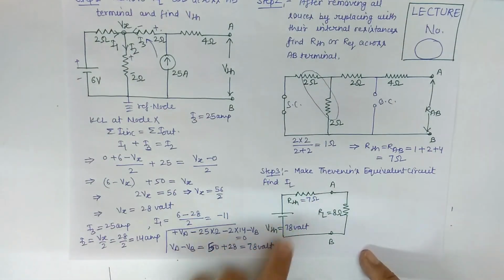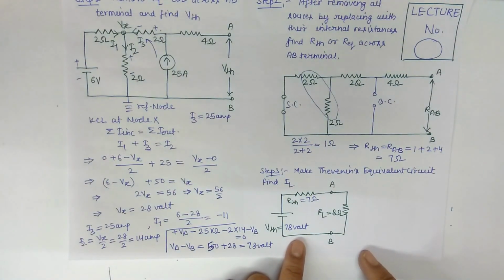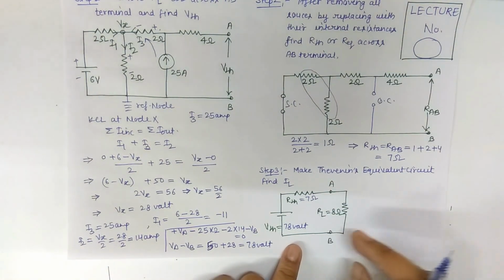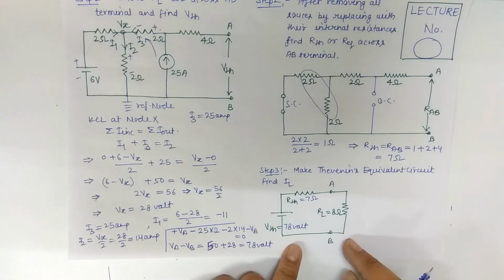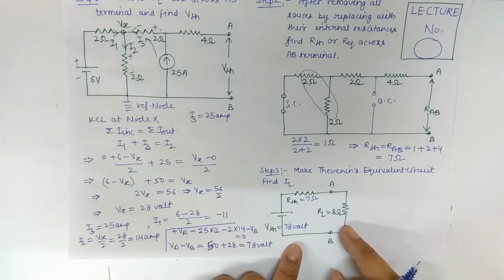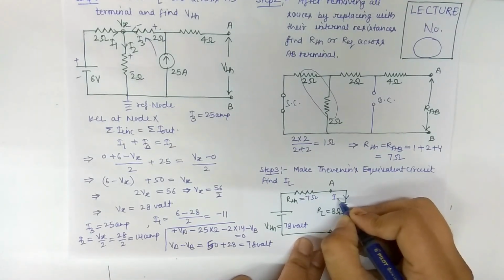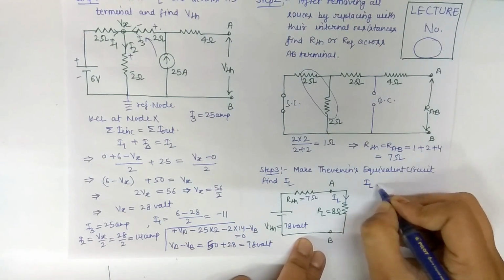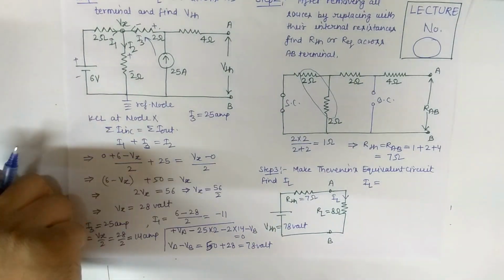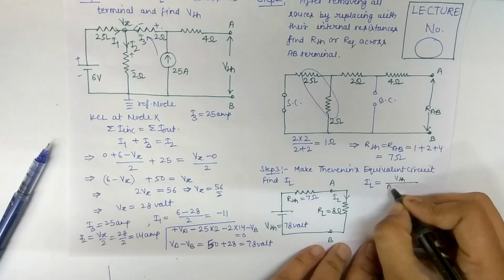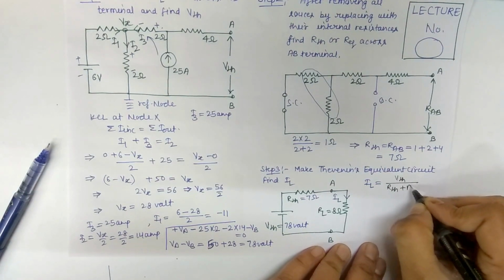Now VTH and RTH are connected in series across the AB terminal, and we again connect our load resistance RL, 8 ohm, here. In this way we find IL. So IL is equal to VTH upon RTH plus RL.